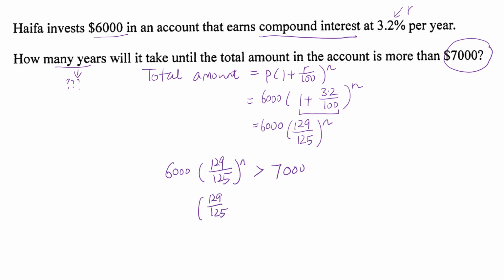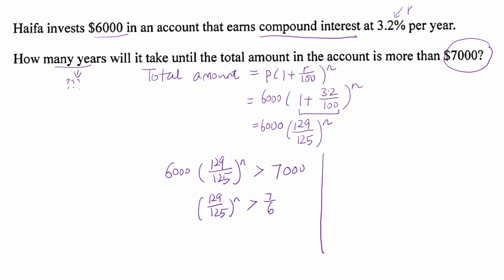And since we are dividing by a positive value, you don't have to worry about the inequality sign. It remains the same. You only flip the inequality sign when you multiply both sides by a negative value. So how do we find the value of n?